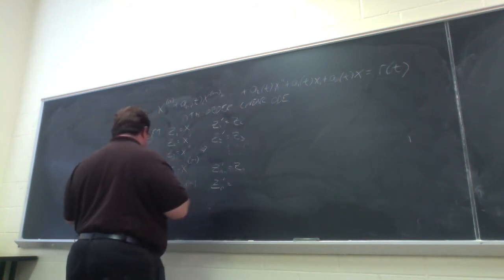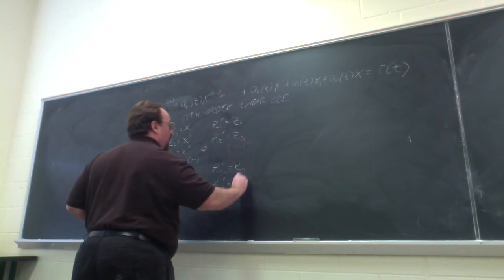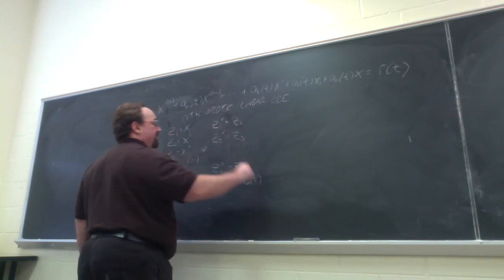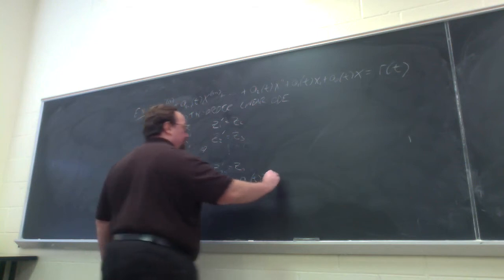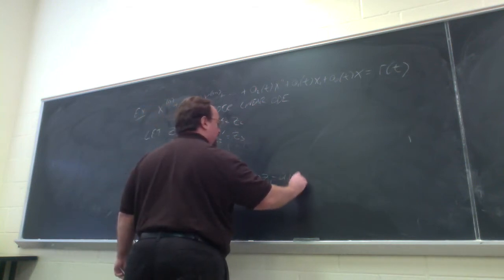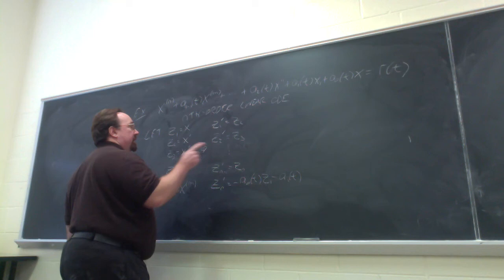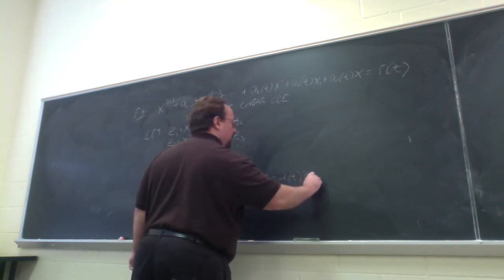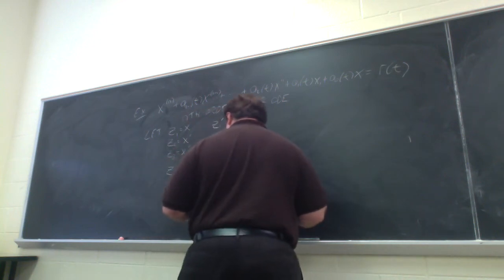So we have, and I'm going to write these in order, minus a0 times x, but that's z1. And then minus a1 of t x prime, but that is z2, and so on.